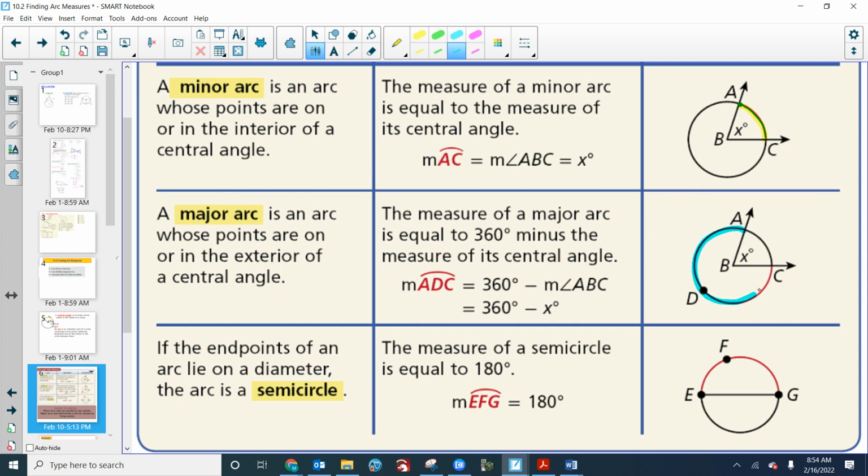It's everything outside of that minor arc. In a special case, if the arc touches the endpoints of a diameter, we call it a semicircle. And the arc would be 180 degrees because we've gone around half the circle.